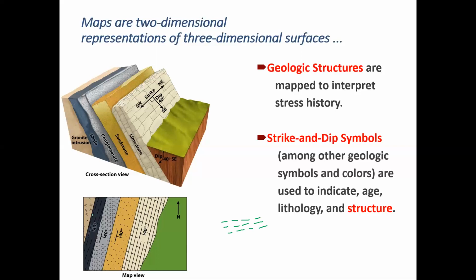And then little cross marks like this, sometimes you might see little marks like that. That's for crystalline rocks, and that's either a granite or it could be a metamorphic rock like gneiss. So those are the codes that you see on the map.